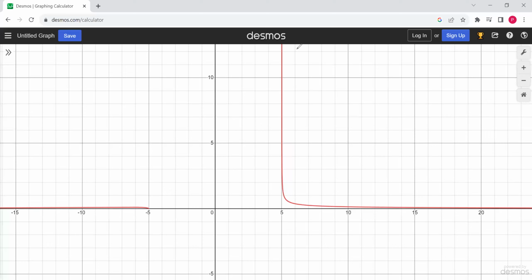So as you can see here, we got x less than or equal to -5, or x greater than 5. You can see we have what we call a vertical asymptote at 5. You can see this line doesn't touch 5. It gets closer and closer to 5, but it never actually touches 5. Let me zoom in so you can see.